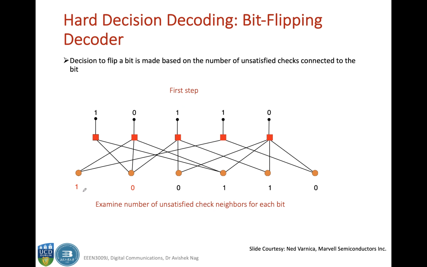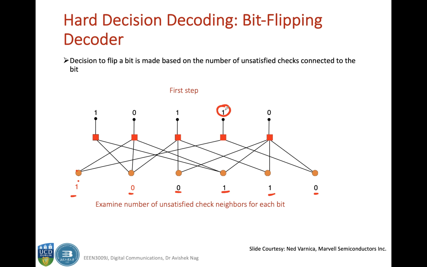These are the bits in the received code word. Let's look at this one. How many check neighbors does it have? It has two check neighbors, this one and this one, because it is connected to only these two. And out of these, it has one unsatisfied check neighbor.